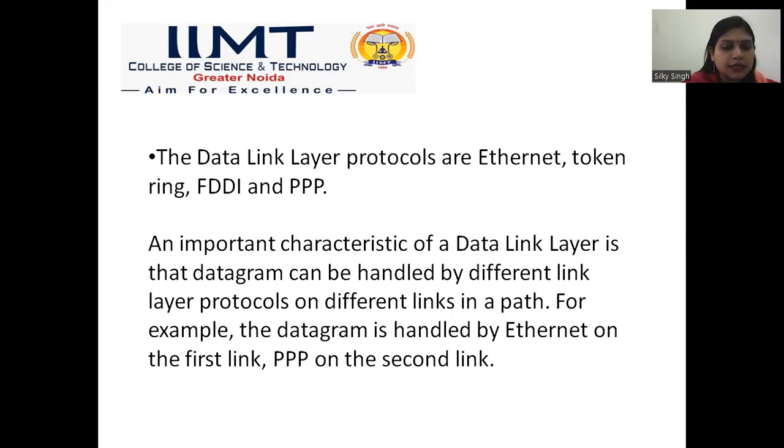FDDI is a set of data transfer methods meeting ISO standards. This transmission occurs on fiber optic LANs extended up to 200 km. And second is PPP, that is Point-to-Point Protocol.